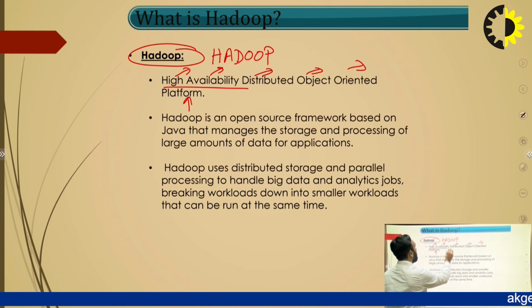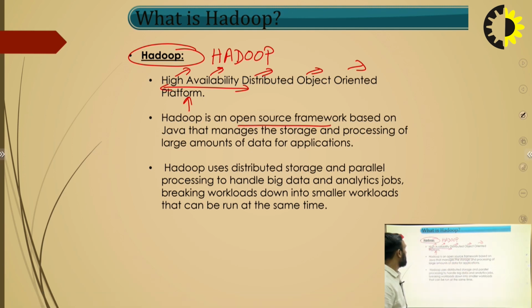High availability, because the size of data is too large and we need to process data as soon as possible for the purpose of analysis in the business field or in the government field where data in real time is required. Hadoop is an open source framework, as I said earlier in a previous slide.